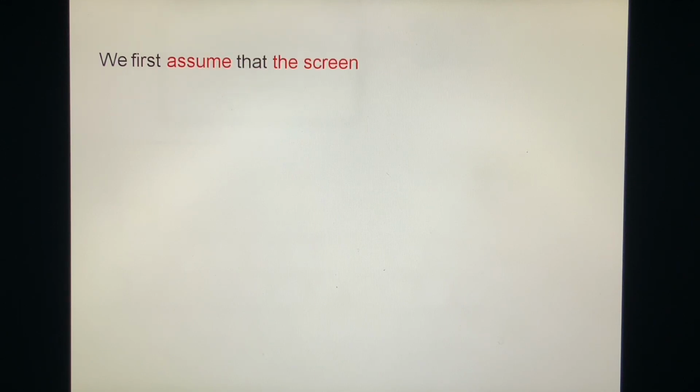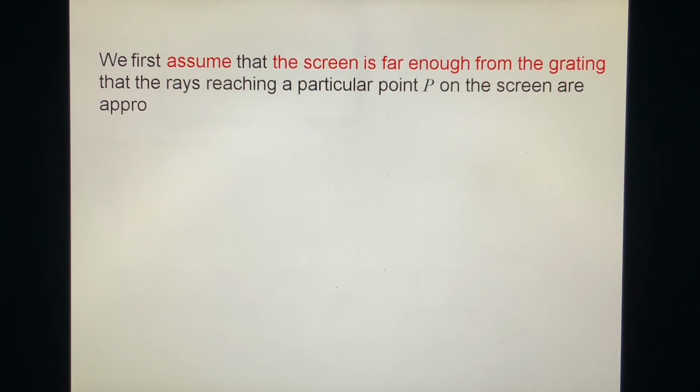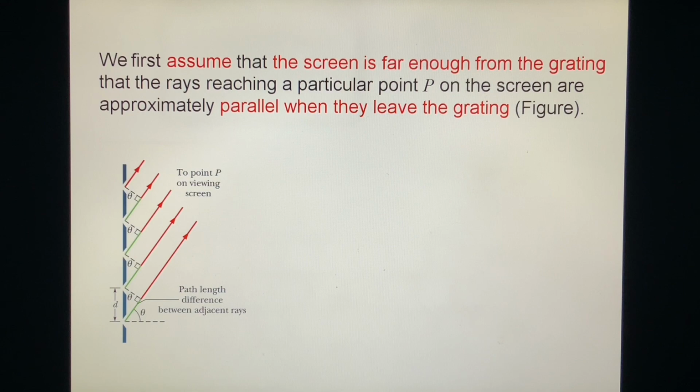We first assume that the screen is far enough from the grating that the rays reaching a particular point P on the screen are approximately parallel when they leave the grating. The rays leave the grating at angle theta. This is angle theta, and these are equal to angle theta.